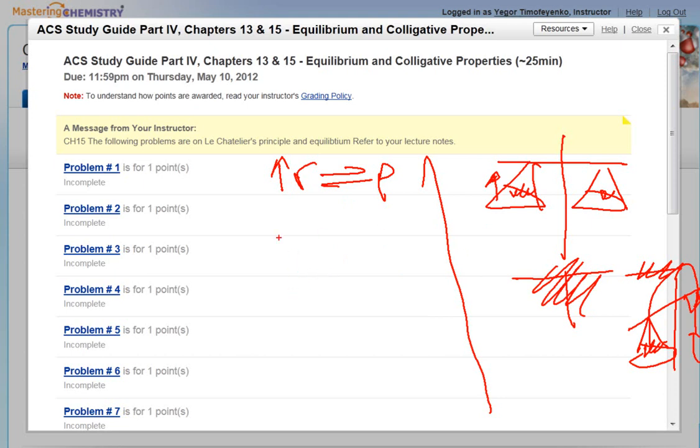So if we increase the reactants, the reaction is going to increase the concentration of products and decrease the concentration of reactants, and vice versa. So the reaction is going to move to the right.